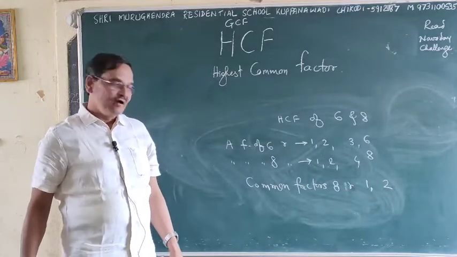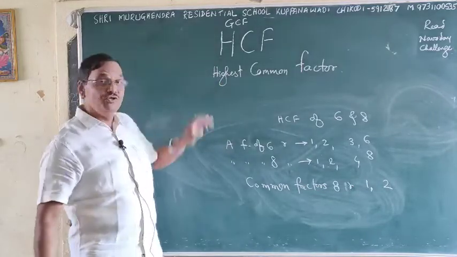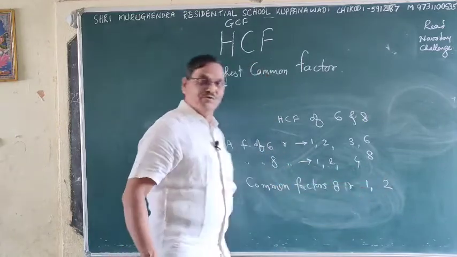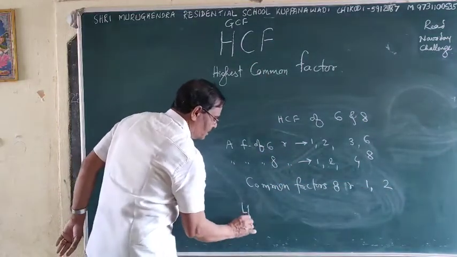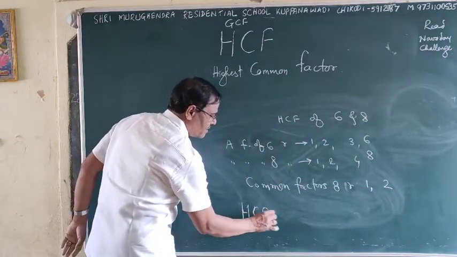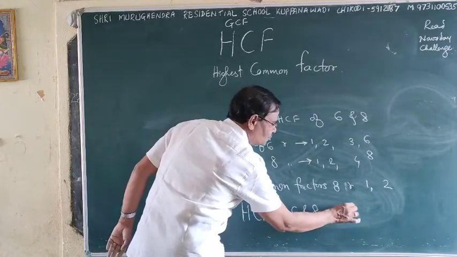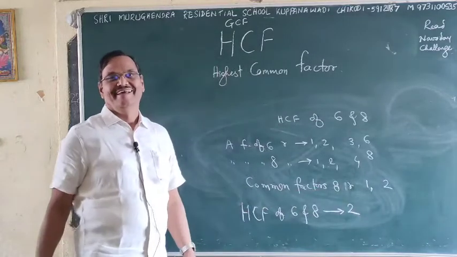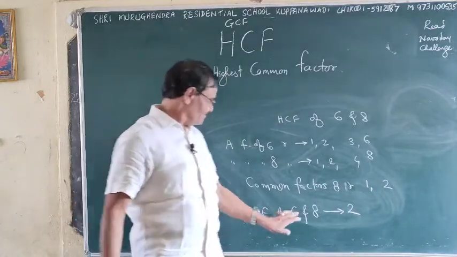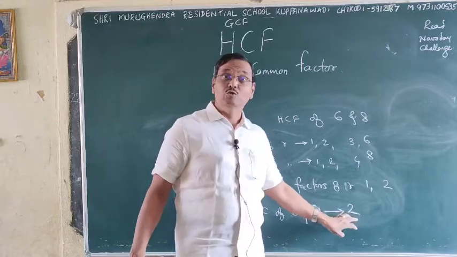Isn't it? Among them the highest is 2. So HCF of 6 and 8 is 2. Okay, HCF of 6 and 8 is 2.